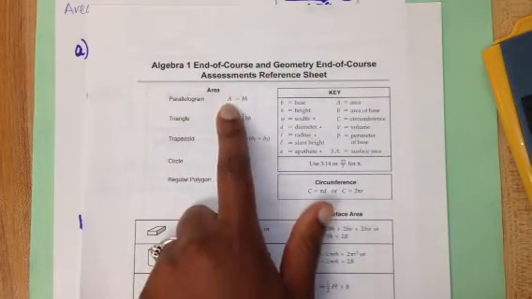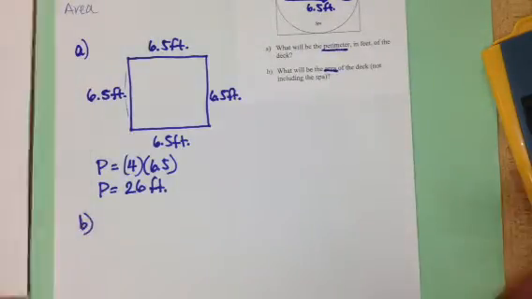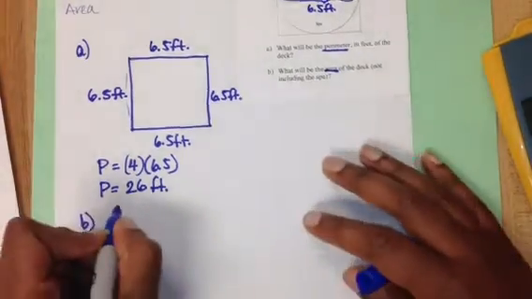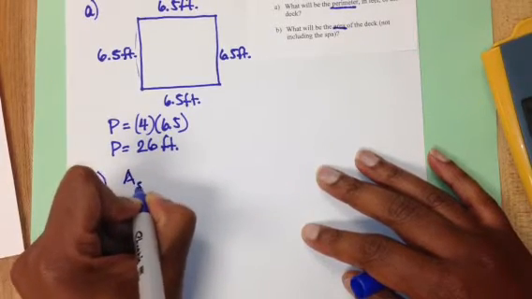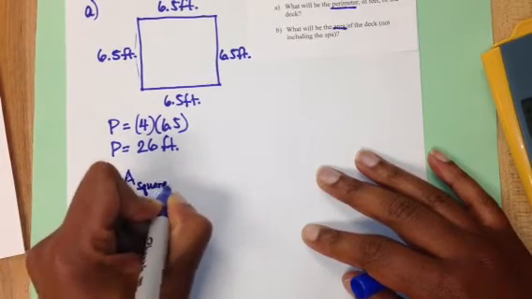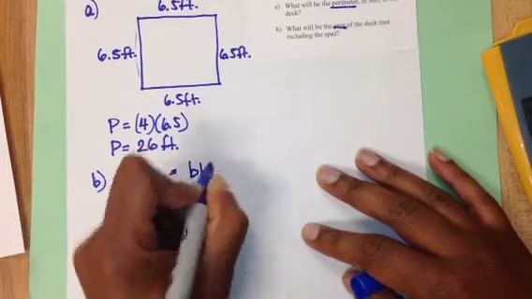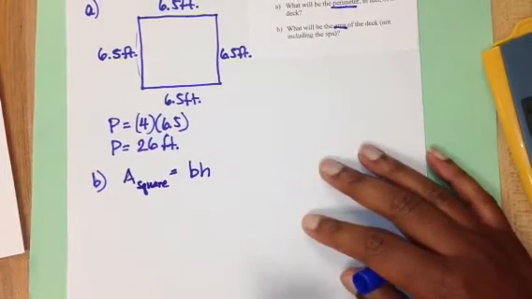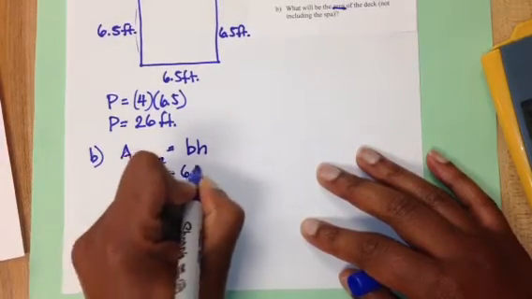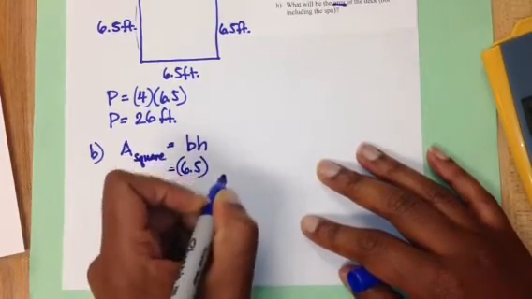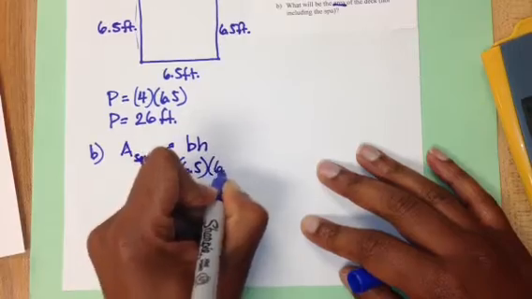So we're going to use our A equals BH for our square. So we're going to write our formula out. A, and that's for area of a square, equals BH. So we're going to input our base, which is 6.5, and we're going to input our height, which is 6.5.